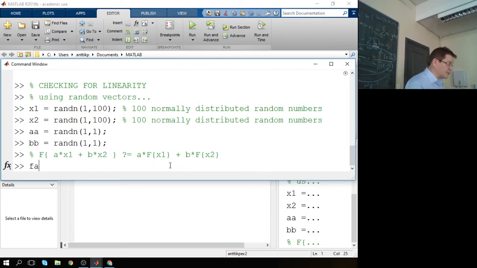Hey, now I found a really good name for this one: f of a x1 plus b x2. Wow, variable name.